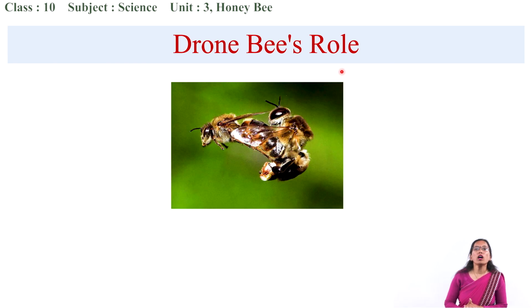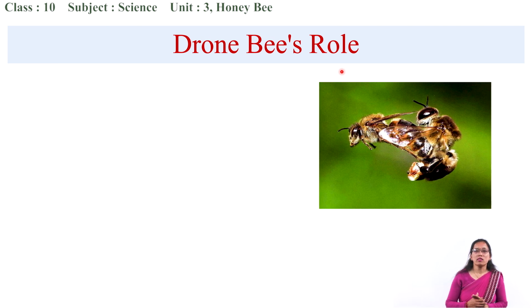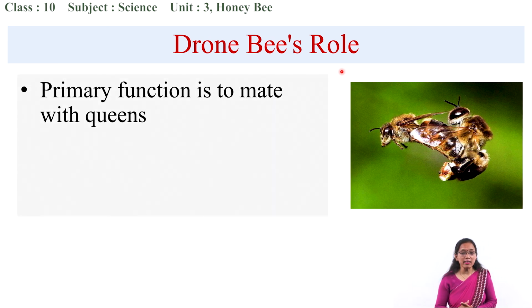What is the role of the drone bee? Already we have discussed the worker bee role, queen bee role, and last, the drone bee. What roles does it perform in its hive? Primary function is to mate with the queen.